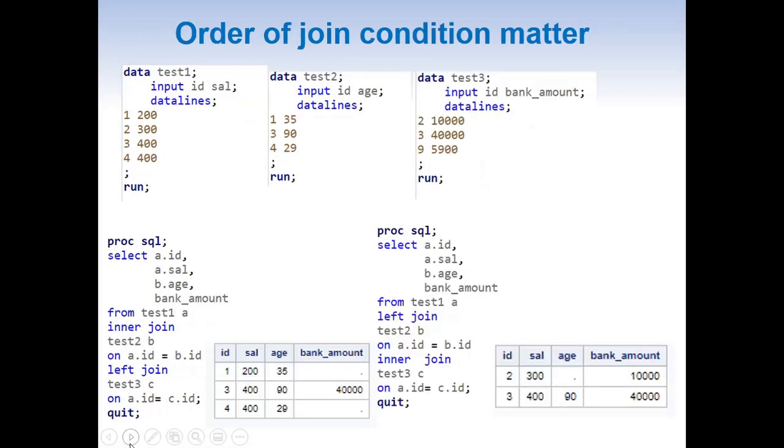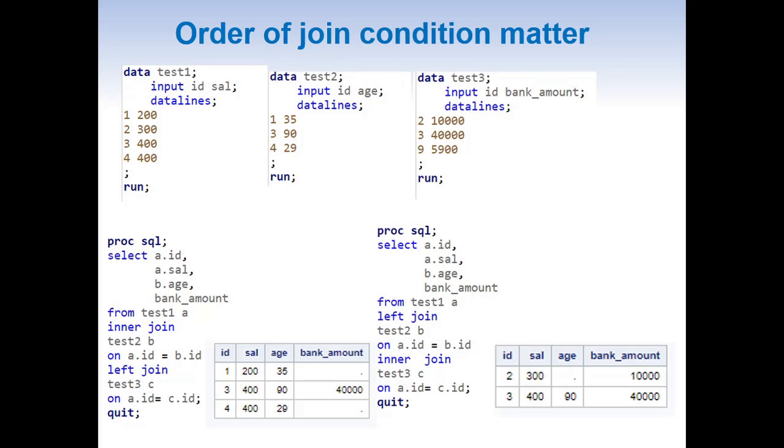For understanding this, I have created different data sets known as test1, test2, test3. In test1, I have ID and sal; in test2, ID and age; in test3, ID and bank_amount.